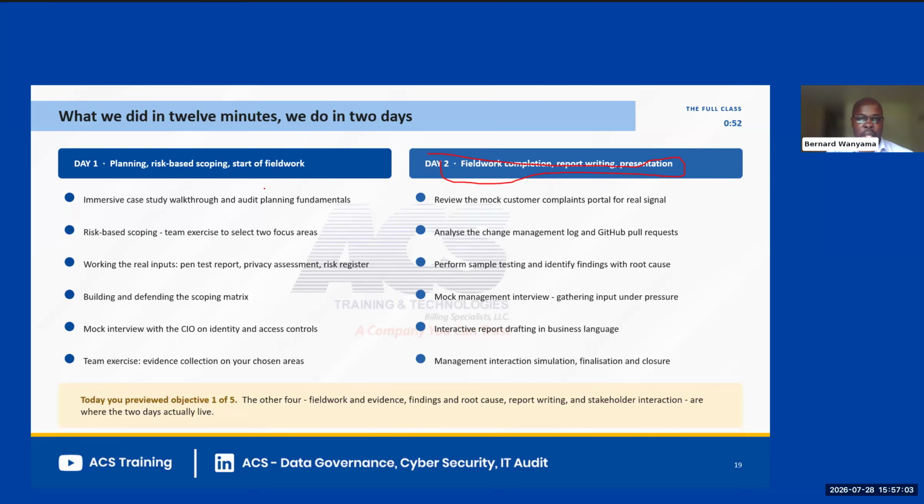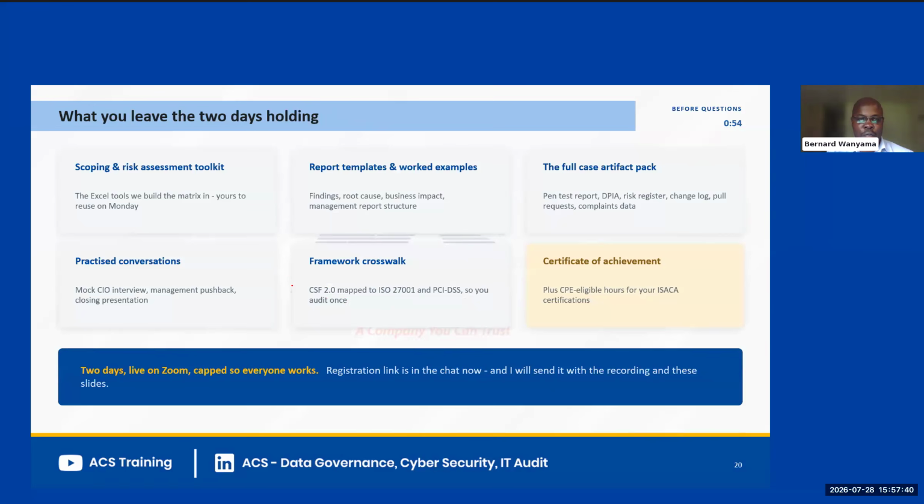We'll try our best to make it realistic so that from the risk register to pen test, privacy assessments, these artifacts help us to drive and build real world scenarios that we can then use to inform our type of testing, and we come up with reports that will then give us a good sense of what a report should actually look like and how it can be used to drive action and impact for the organization.